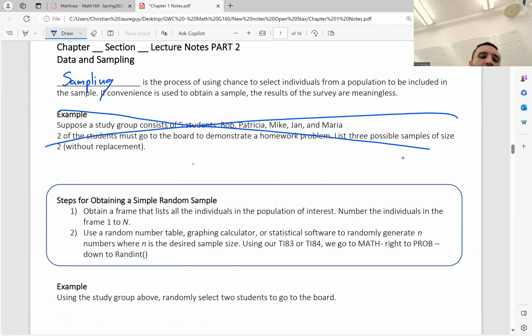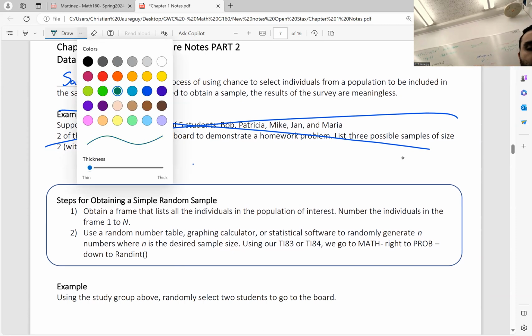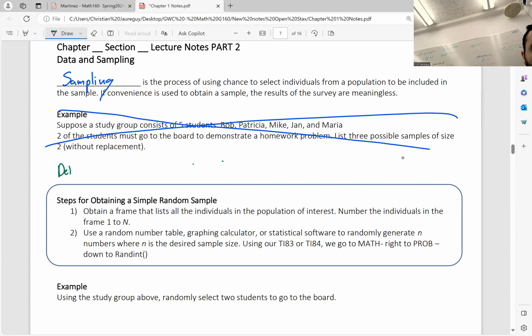So the first one is simple random sampling. There's not really a definition listed here, so I want to clarify above it.